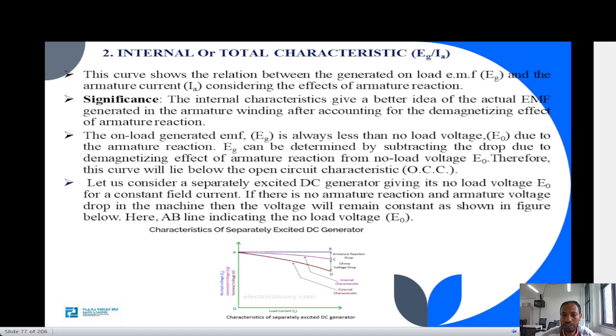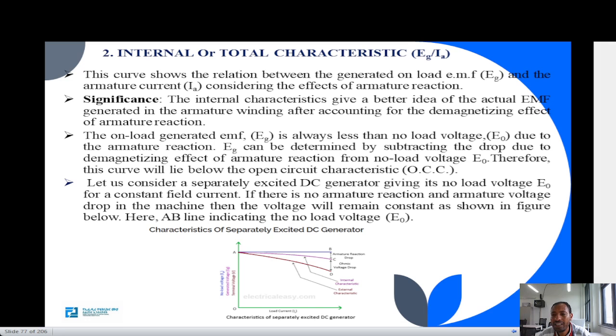That's what this term is saying. So on load, while loading our DC machine, if we try to measure the internal generated voltage, it's always less than the no load voltage.